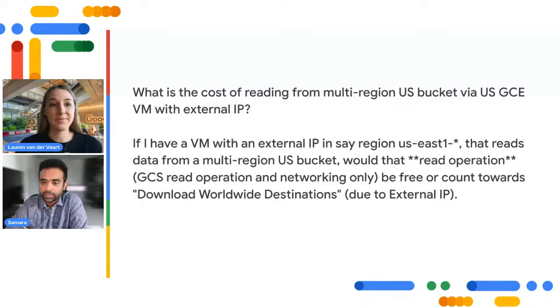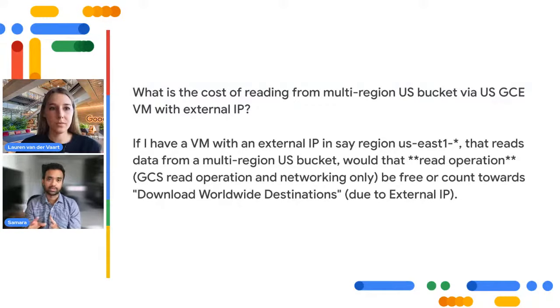Thank you, team, for that question. Reads from multi-regional buckets from a VM in the same continent, for example, a VM in US East 1 reading from a multi-regional bucket within the US continent, will be charged against the networking traffic egress cost for GCP multi-region within the North American continent.